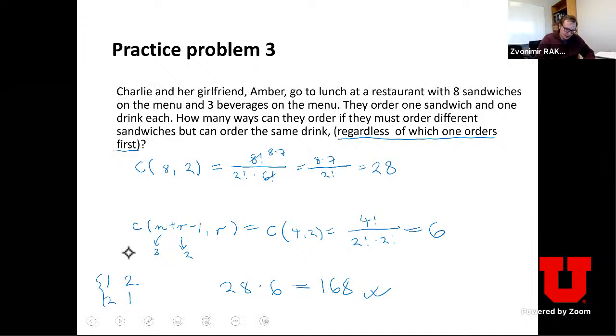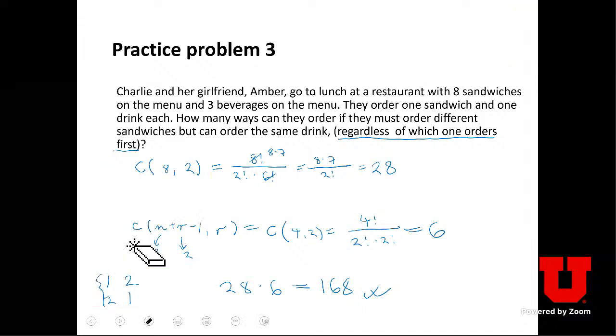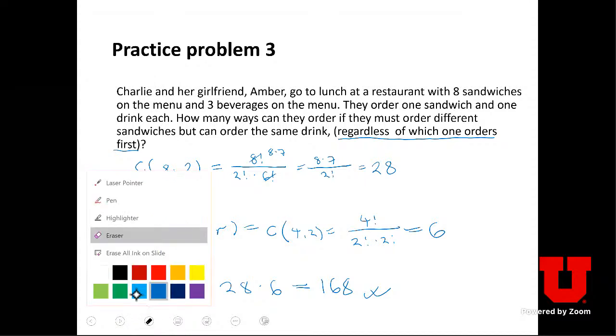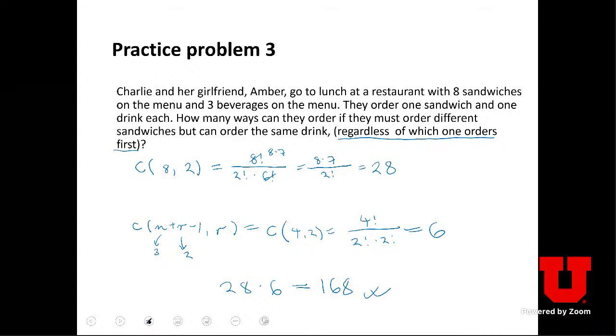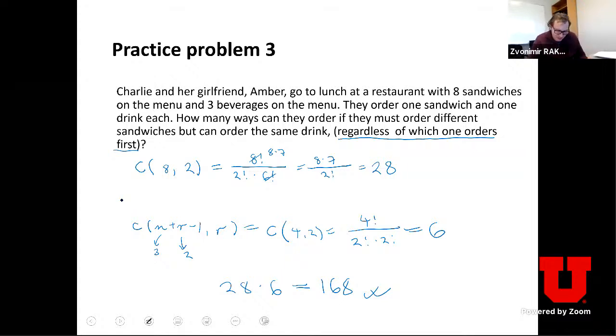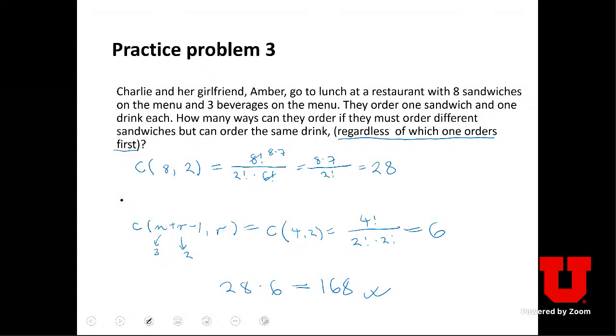Any other questions? Yeah, I have a question. So in this case, since Charlie got a different sandwich than in the first case, wouldn't it be a different combination? Sorry, could you repeat the question, please? Yeah, in the first case Charlie chooses sandwich 1 and Amber chooses sandwich 2, and in the other equivalent case, Charlie gets sandwich 2.